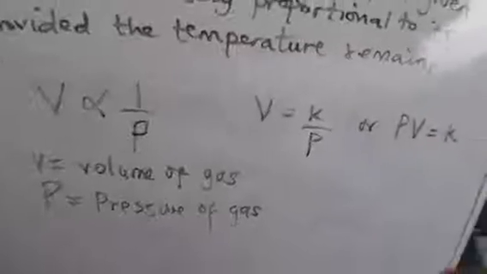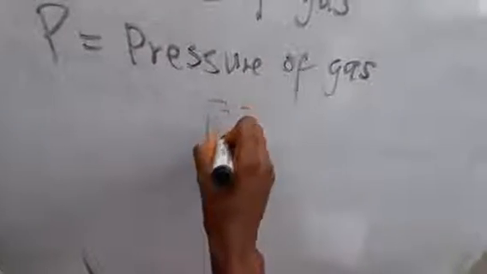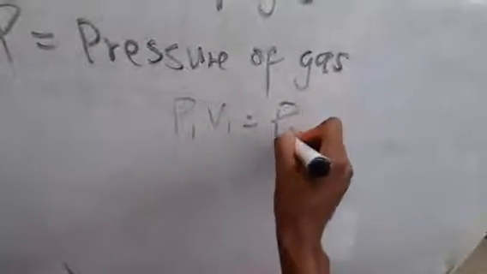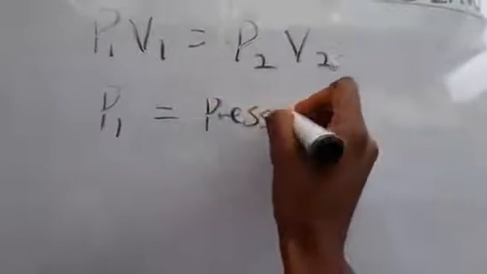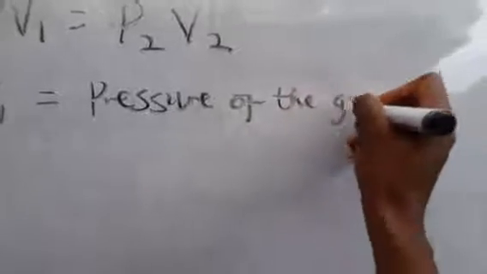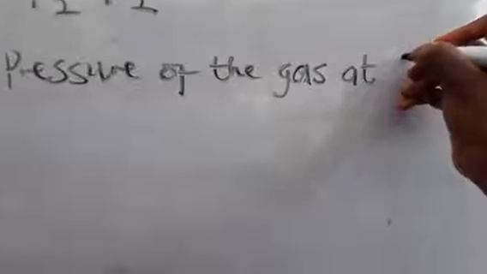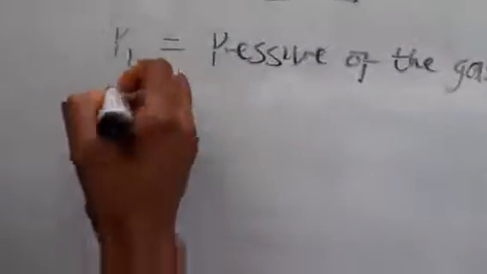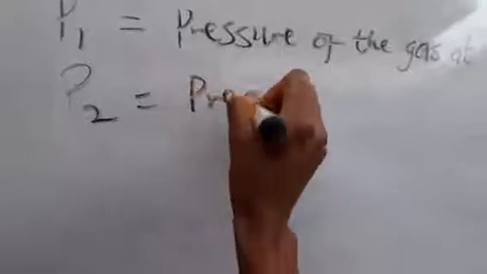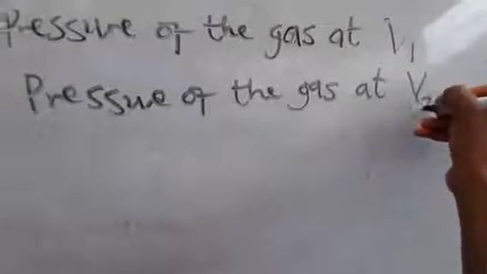Also, we can represent this expression mathematically as P1V1 equals P2V2, where P1 is the pressure of the gas at V1, while P2 is the pressure of the gas at V2.